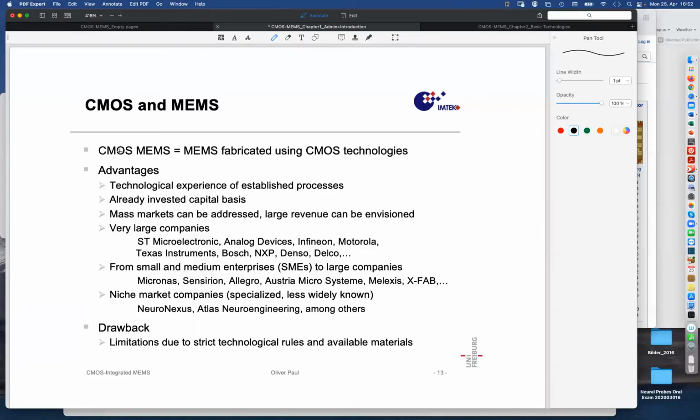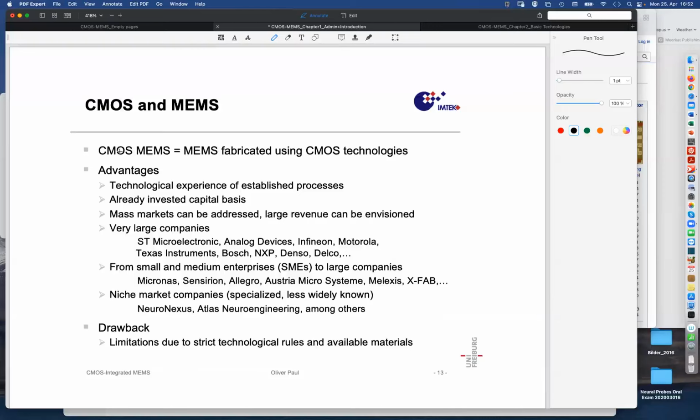So why CMOS? CMOS is simply attractive because of the mass market aspect. There is a huge experience with process technology that can be beneficial to translating an idea into objects that can be reproduced reliably.